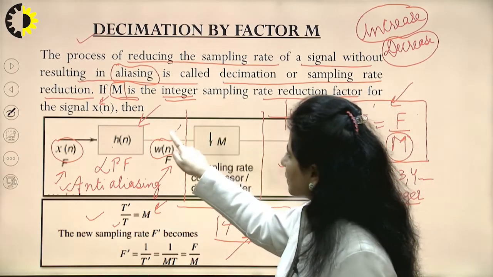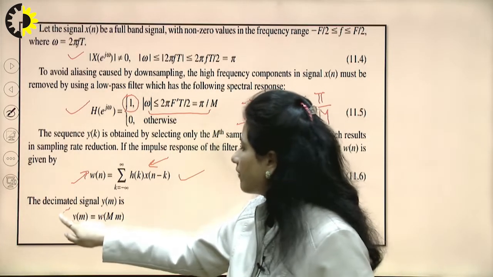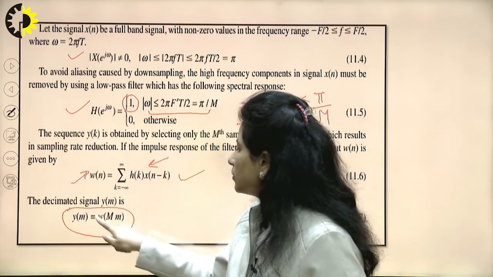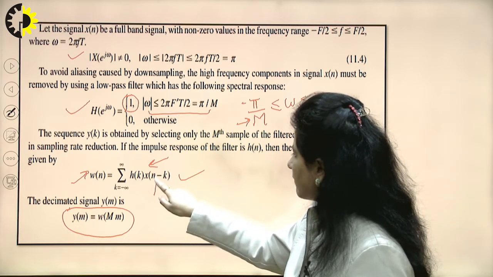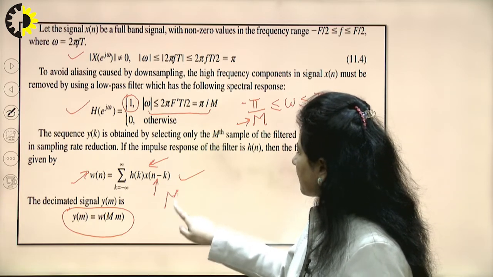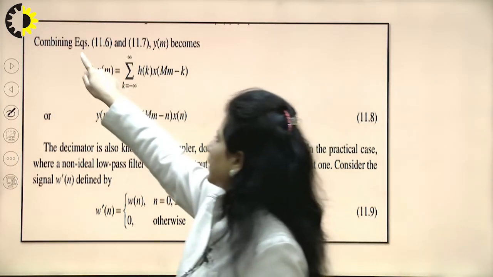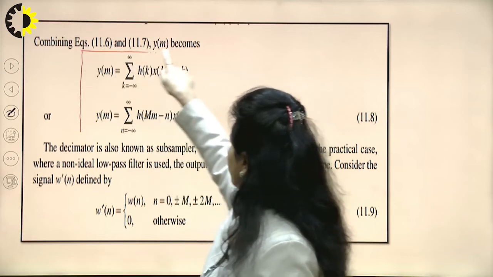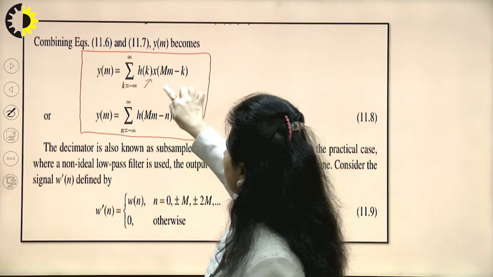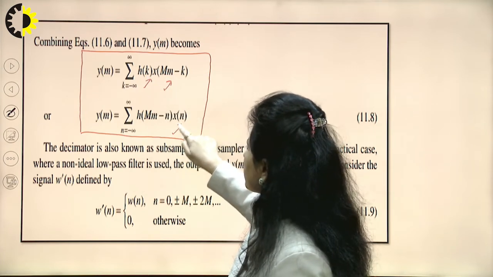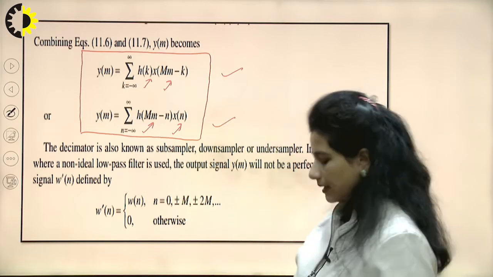Once I get this signal, I decimate the frequency by M. So here y[m] is equal to w[Mm], so I can replace n with capital M into m to get my final expression for y[m]. These are two formats of the convolution theorem: either I take h[k] constant and delay x[n], or x[n] constant and delay my transfer function, representing the same thing.